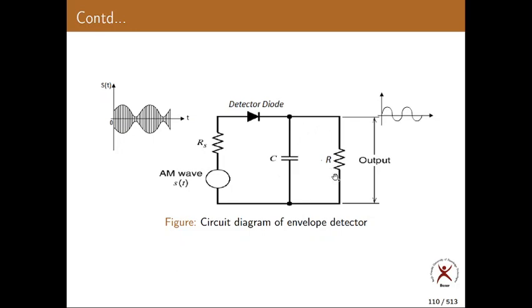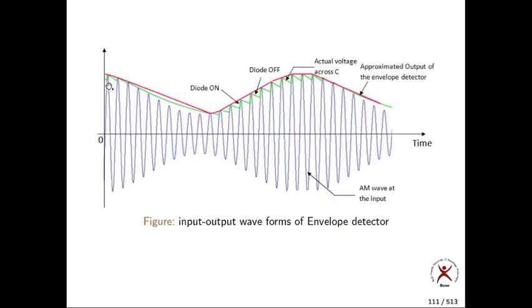Simply, during the positive half cycle the capacitor charges, and during the negative half cycle the capacitor discharges. During the positive half cycle the diode is forward biased and the capacitor charges to the peak value, and during the negative half cycle the capacitor discharges because the diode is reverse biased.